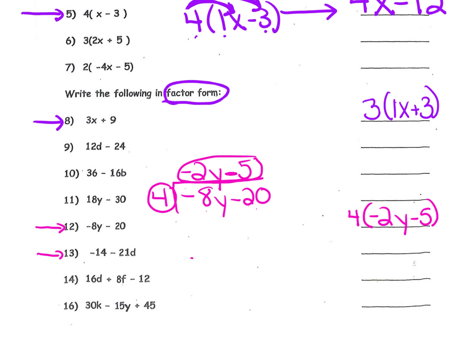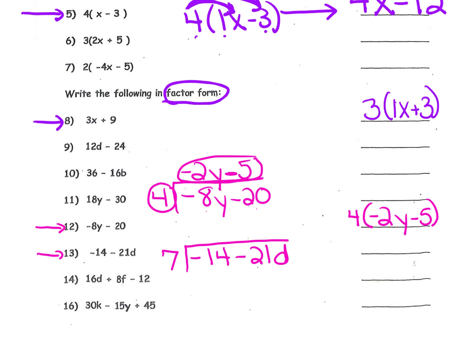And the last one together, number 13. Number 13, we write the expression in the work area, negative 14 minus 21d. And we put that under the division house. We look for a common factor to be divided out of 14 and 21. We see it's the number 7.